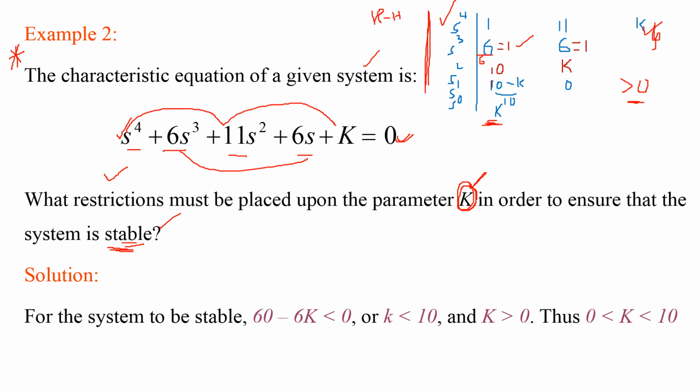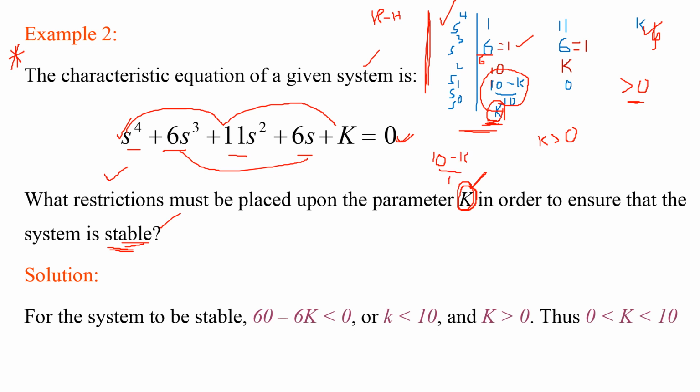Consider this condition: if we consider the S power 0 row, then we have the element K. Depending upon the condition, K is greater than 0. In the next step, consider this element, 10 minus K by 10.